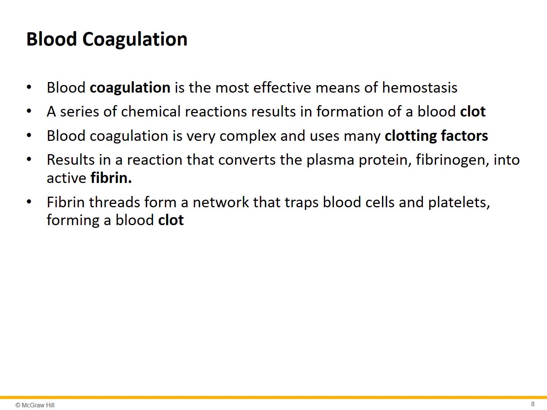So the finalized result is there's a blood plasma protein that's called fibrinogen, and it's activated into fibrin. And fibrin is a protein thread, like a mesh net that reinforces the trapped blood vessels and platelets, and this forms a blood clot.